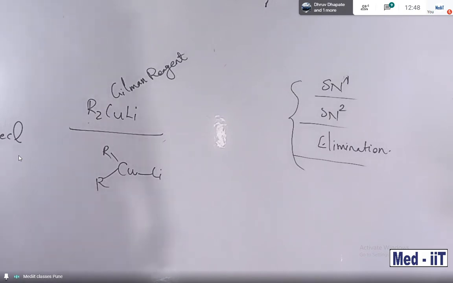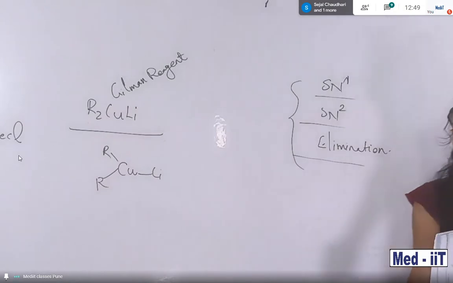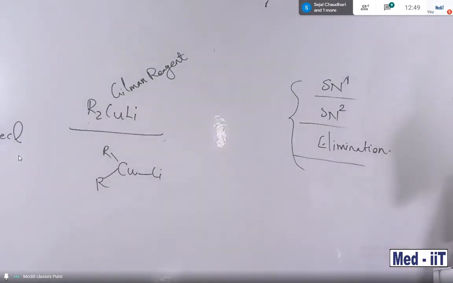Okay, can you predict? Similar to the last question. Can you predict the product? Two alkyl groups are there, na? R2. So remove one and use only one.